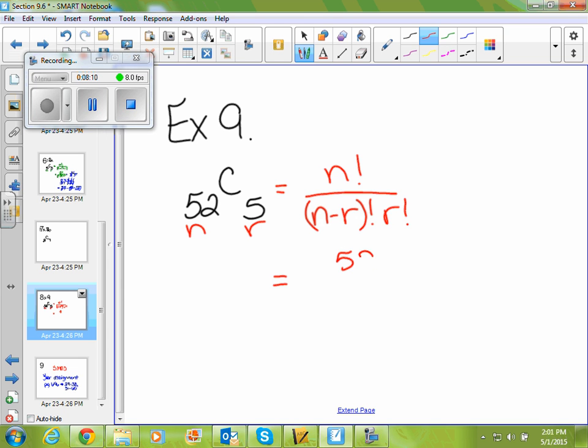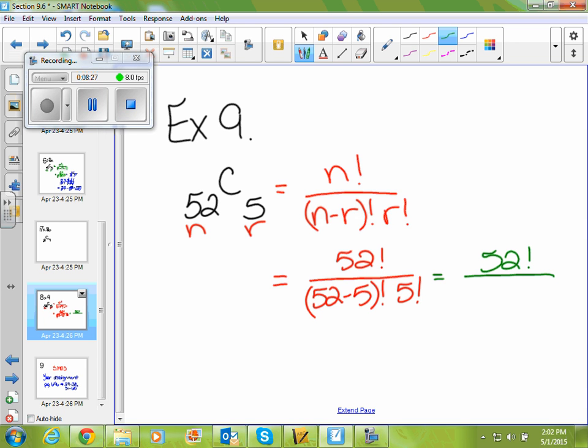So I end up with 52 factorial divided by 52 minus 5 factorial times 5 factorial. Well, 52 minus 5 is 47. So I get 47 factorial, 5 factorial.